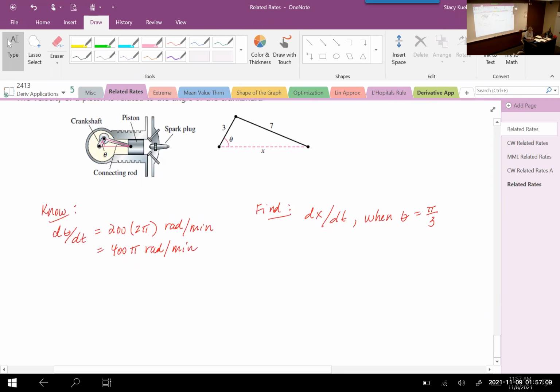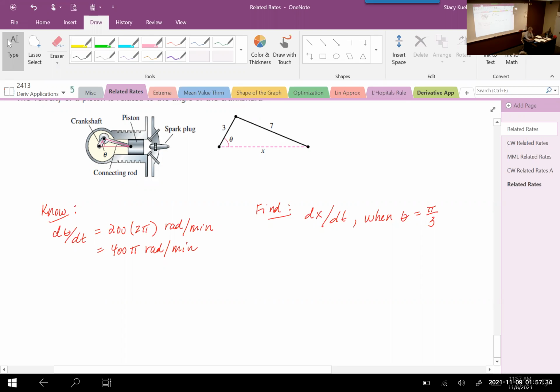So what kind of formula am I going to use to relate all that together? It's not a right triangle. So what's the only other formula I can use? Law of cosines. I have to use law of cosines here, okay?